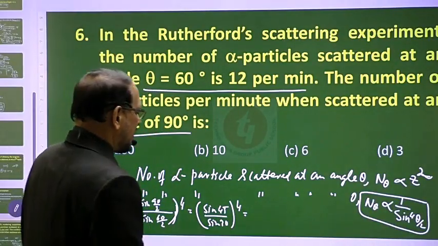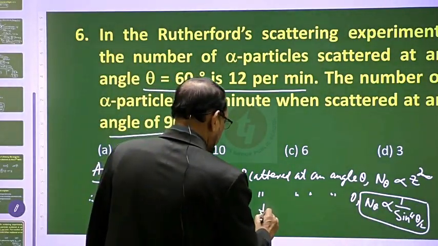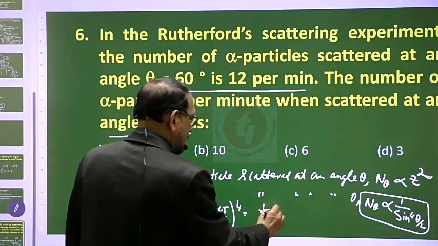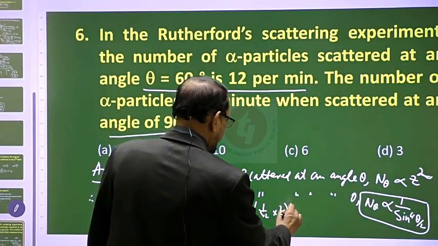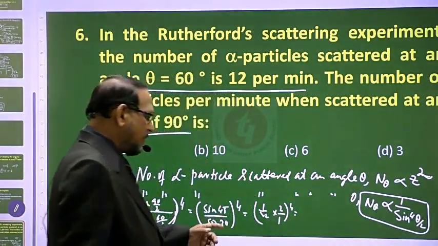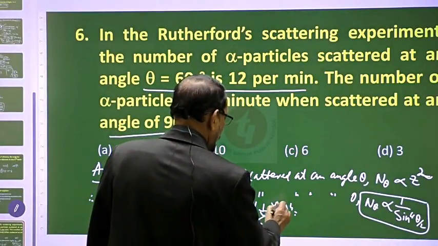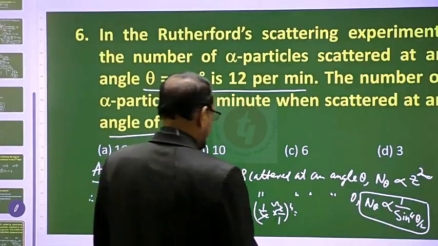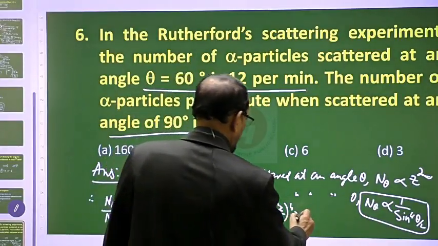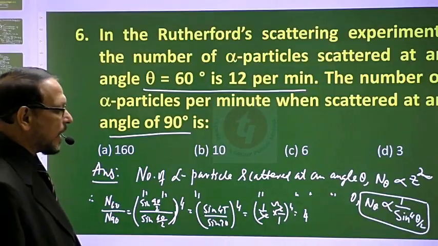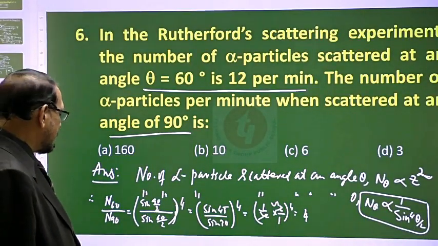Sine 45 is 1 by root 2, and sine 30 is half. Root 2 to the power 4, that is the power half into 4, gives 4.